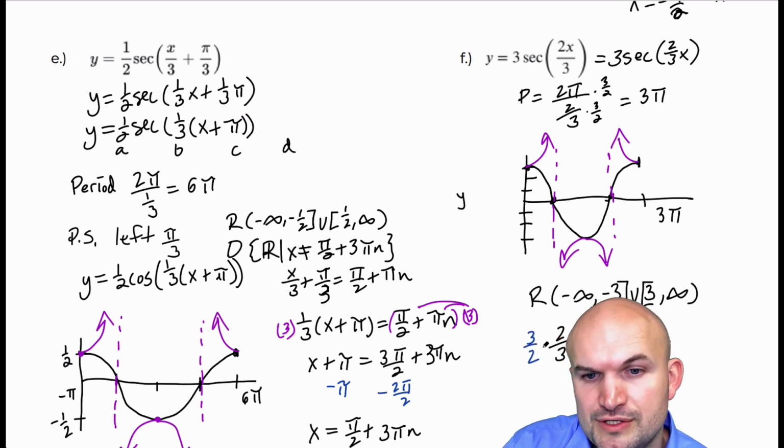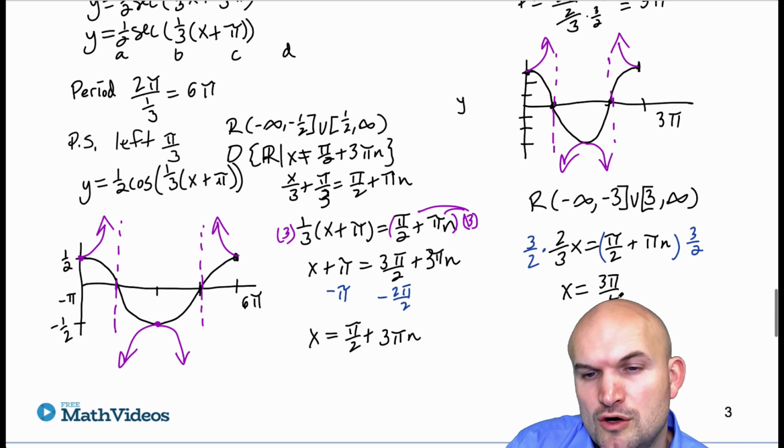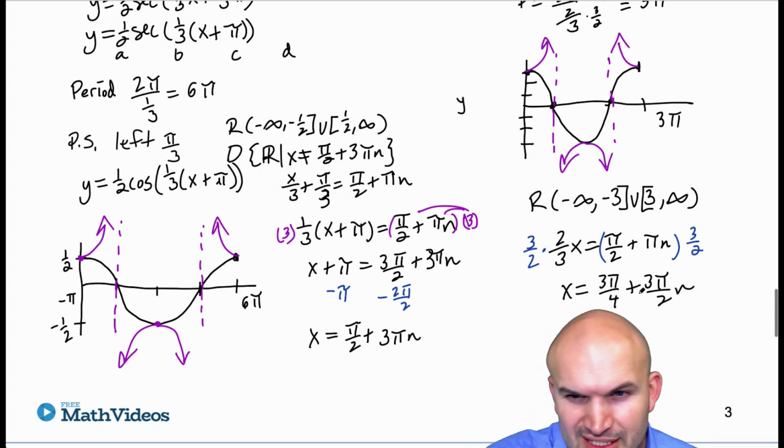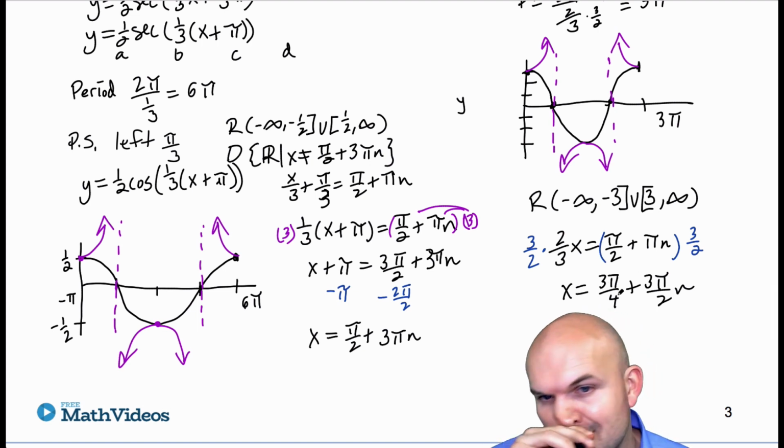So 3 over 2 on the left side and 3 over 2 on the right side. And now when doing that, I get x is equal to 3 pi over 4 plus 3 pi over 2n. And we could probably simplify that. Yeah, maybe one more time simplify that, but I'll just go with that answer for right now.